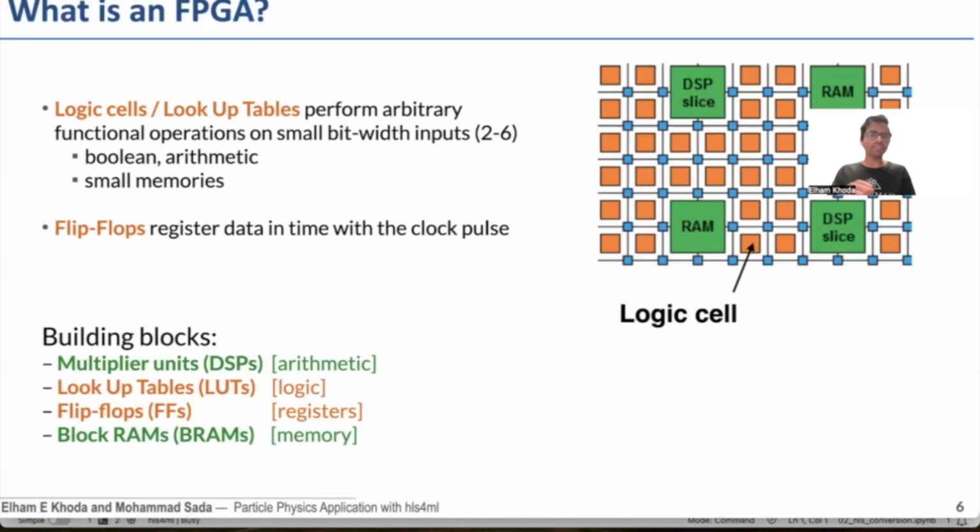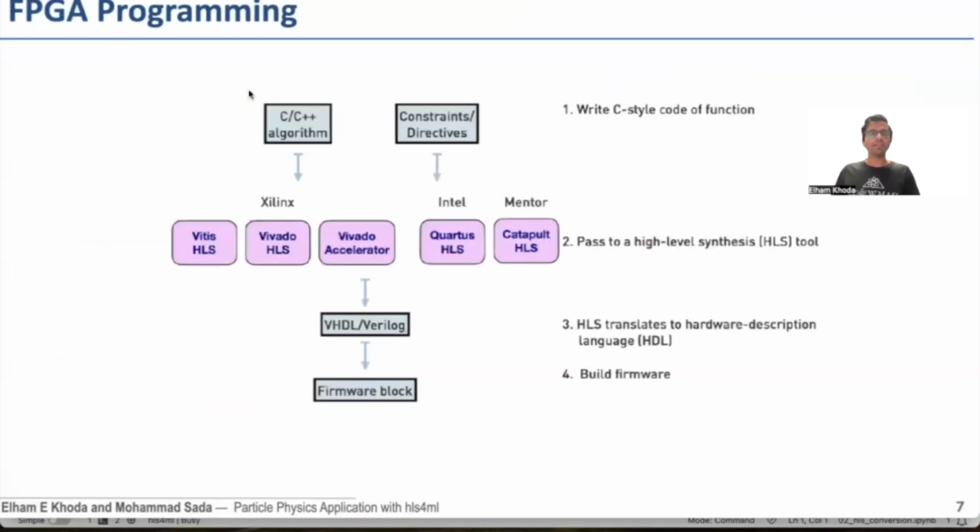You can go back and read about them a little bit, but just keep in mind that flip-flops are another resource that is available, and there are a lot of them on the board. And then last, the block RAMs are just memory, and usually you use them when you have a larger memory, because you can always use the flip-flops or the logic cells, the lookup tables, for a small amount of memory.